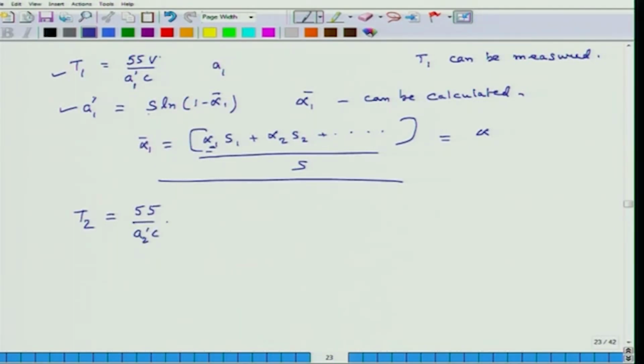A2 prime equals a term with C and V. V is still the same, C is still the same, and I have measured T2, so I calculate A2 prime, and from this I calculate alpha 2 bar.